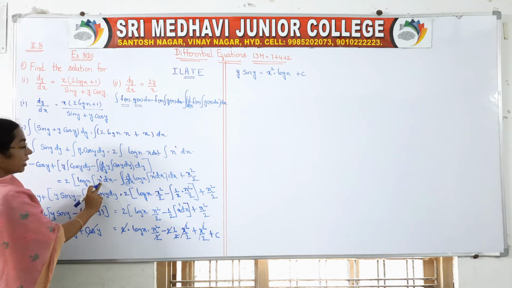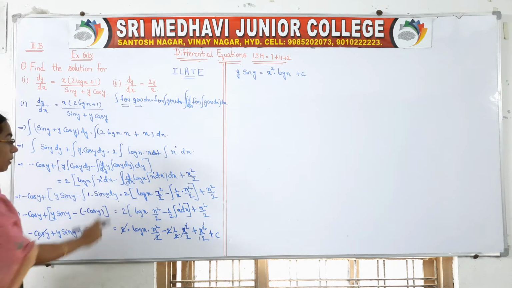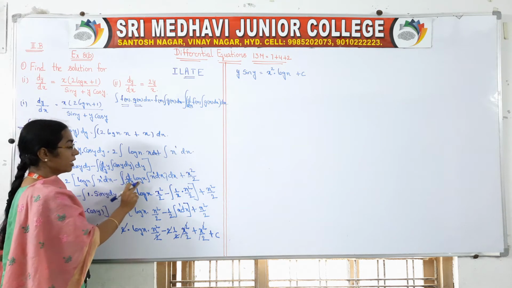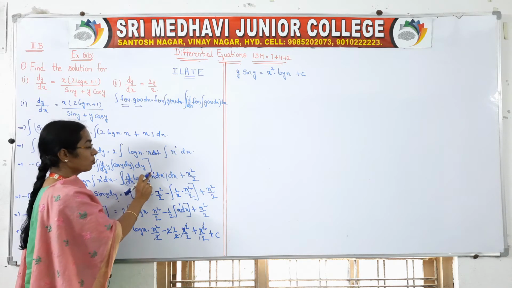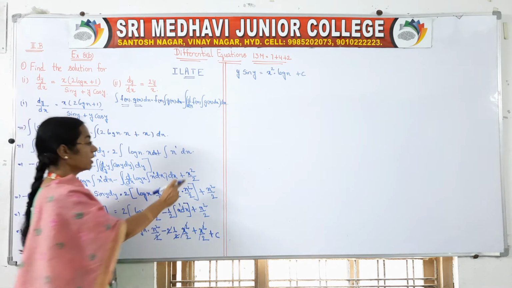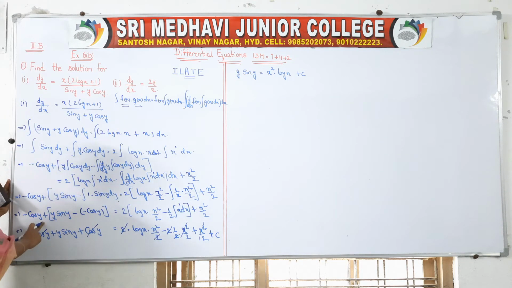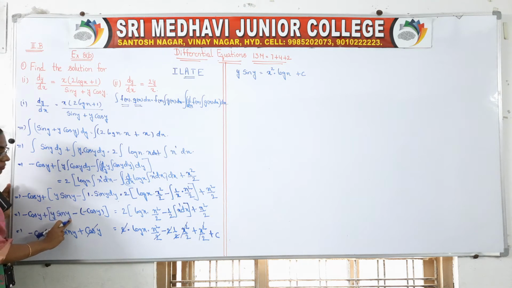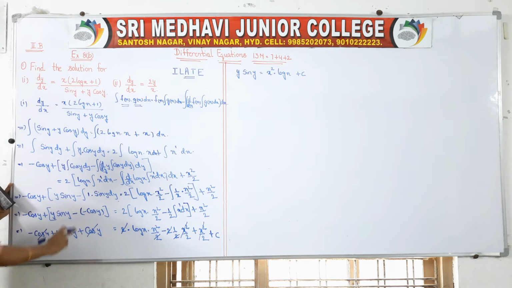Next here integral x to the power of 1 is x square by 2 minus integral d by dx of log x is 1 by x, and integral x to the power of 1 dx is x square by 2, plus x square by 2. So next minus cos y, y sin y, and integral sin y is minus cos y, minus of minus, plus cos y.